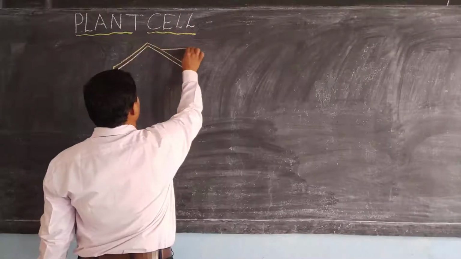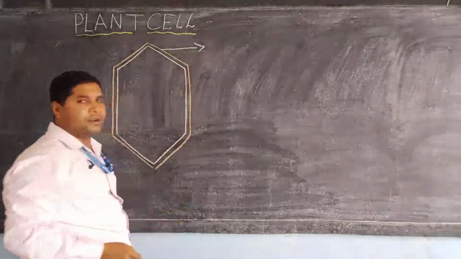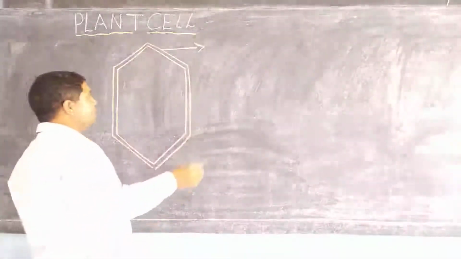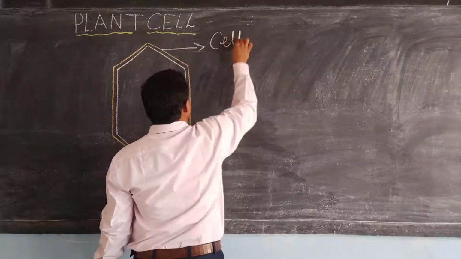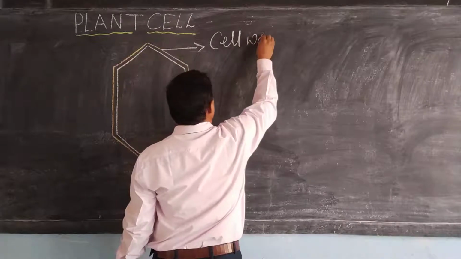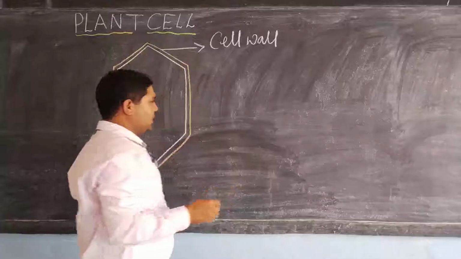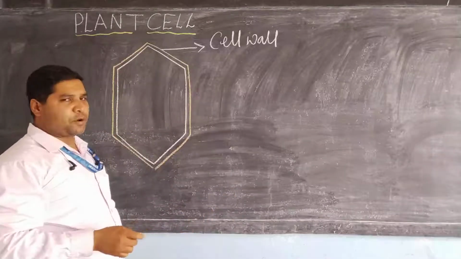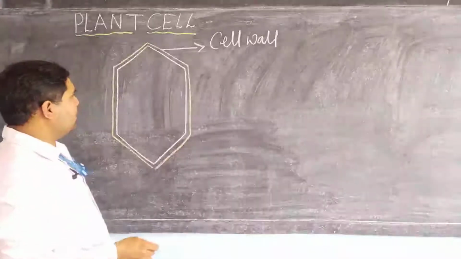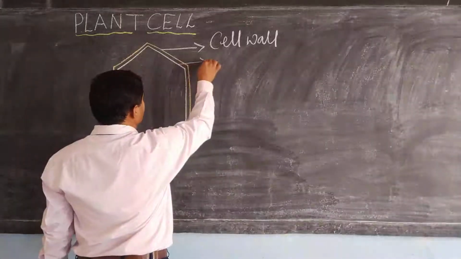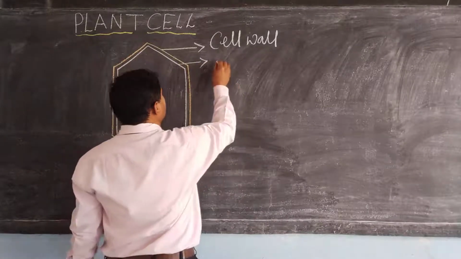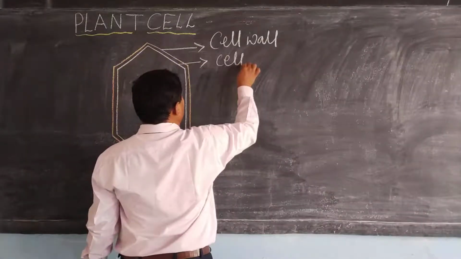The outer membrane of plant cell is known as cell wall, whereas the second protective layer of the plant cell is known as cell membrane.